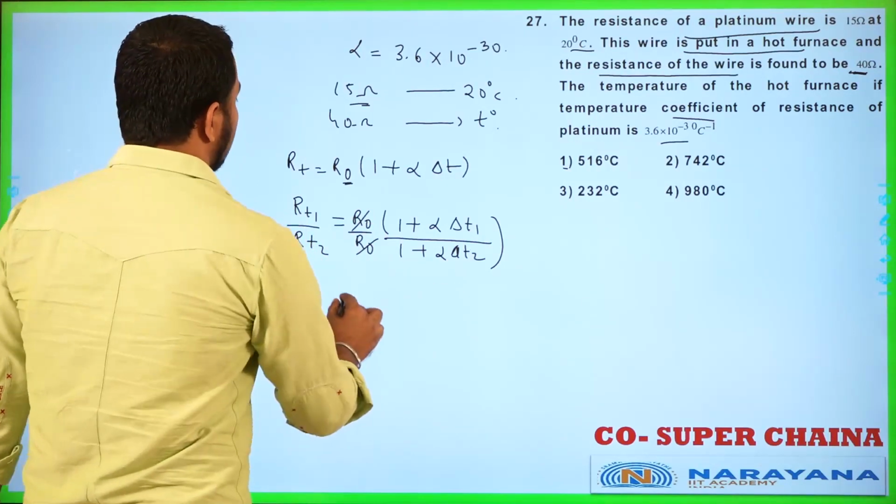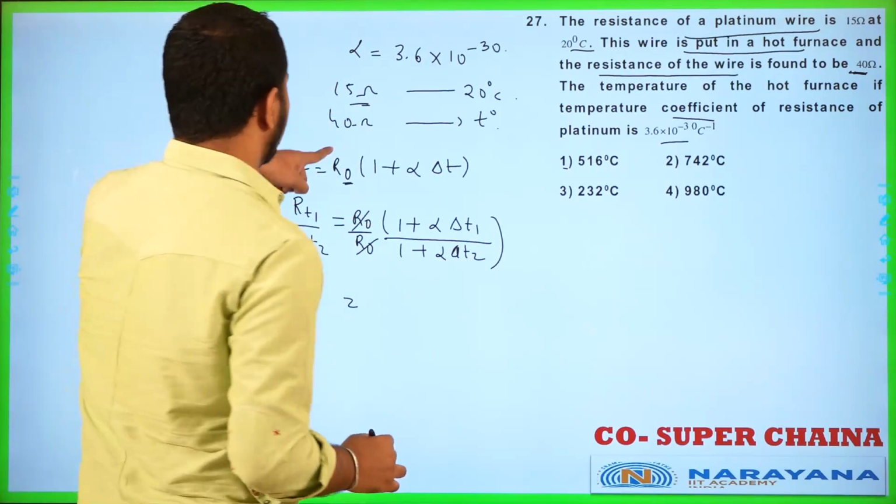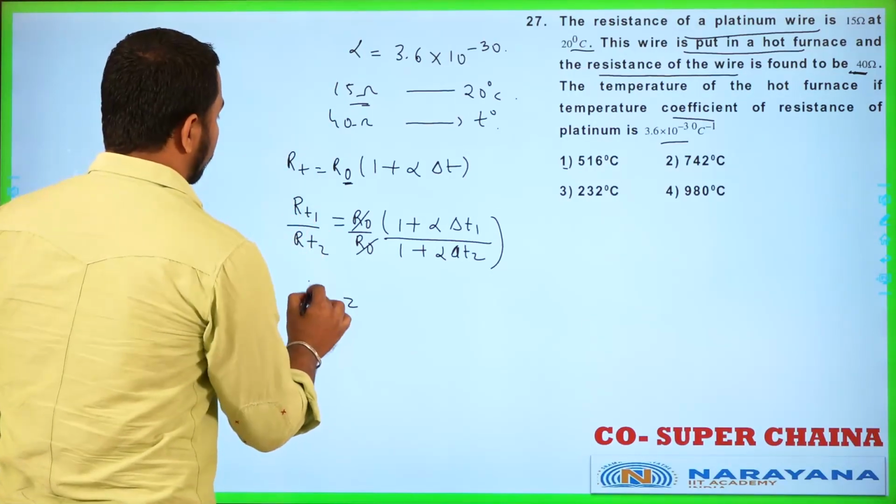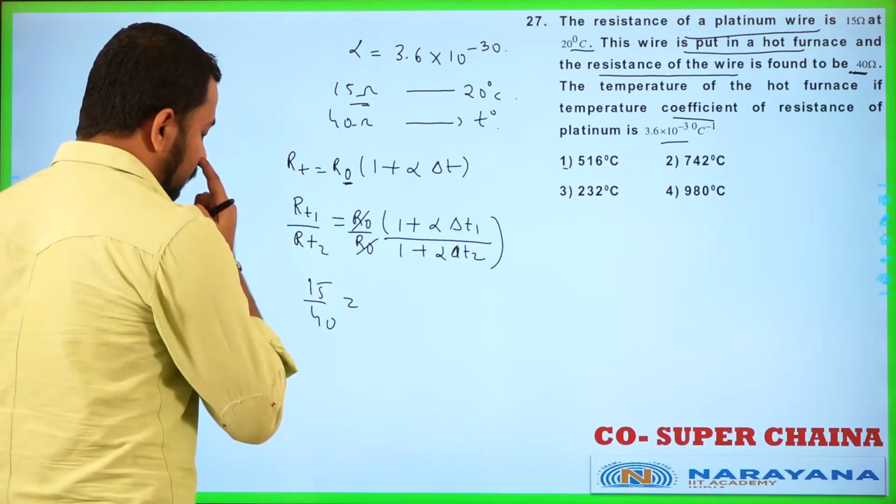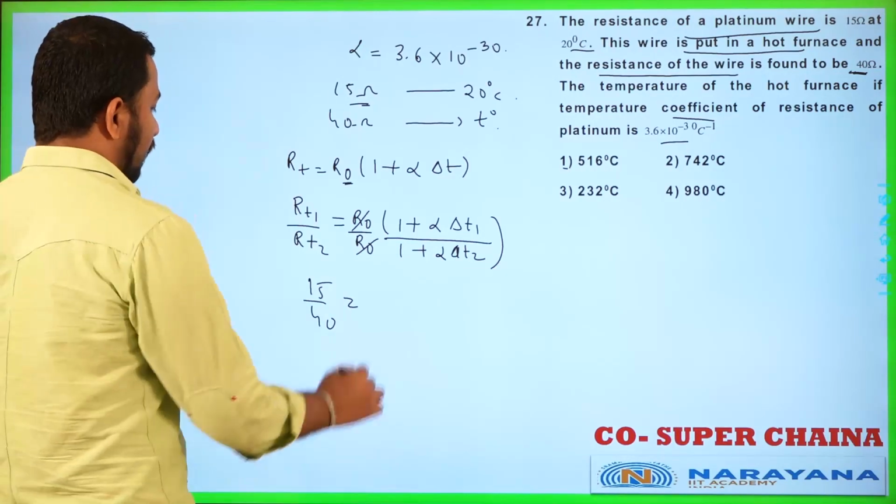RT1 and RT2 values are known to us. So 15 by 40. Now you substitute the value here.